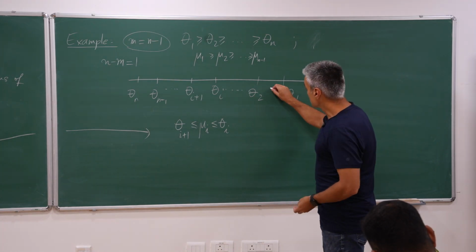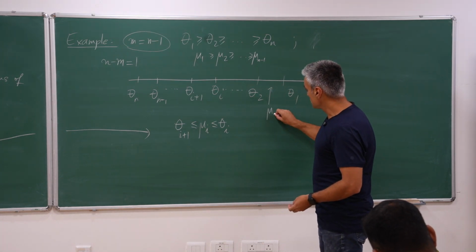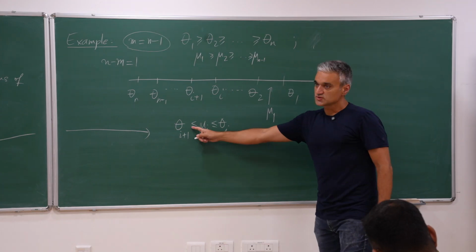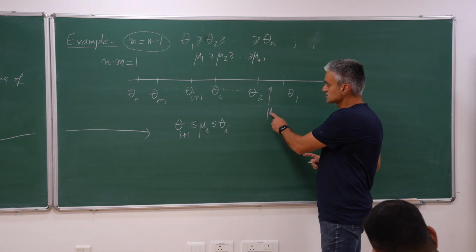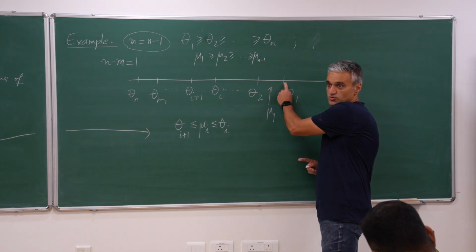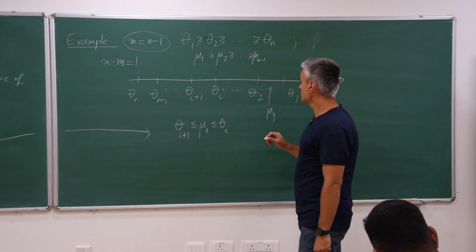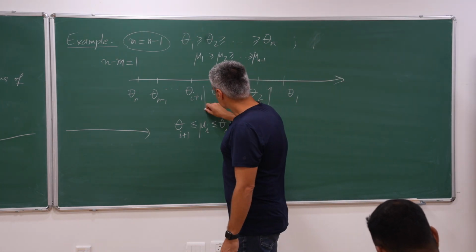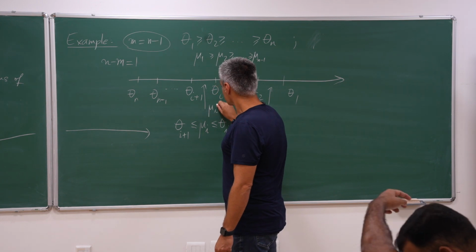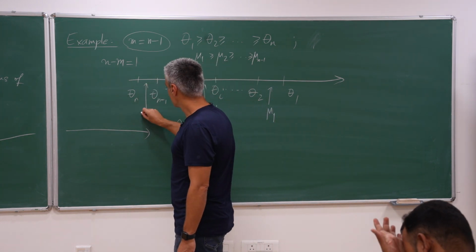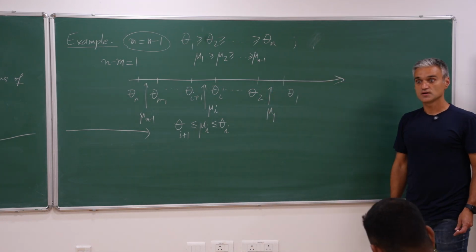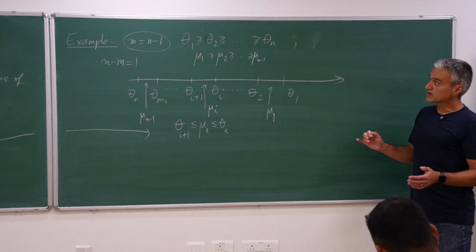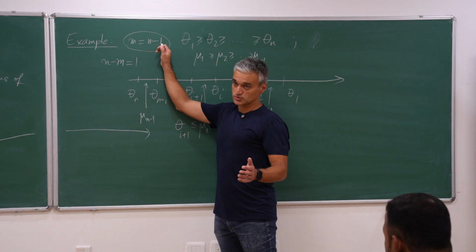So basically your mu 1 has to be here. You see, the inequality is not strict, it is with less than or equal, so we'll see in a second that mu 1 can happen to be theta 1. And then here is where mu i goes, and this is where mu n minus 1 goes. Okay? So this is the case where m equals n minus 1.